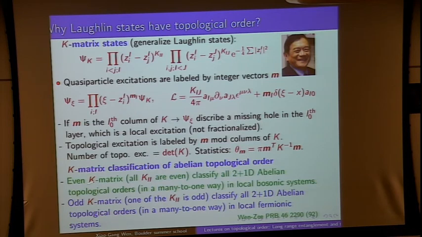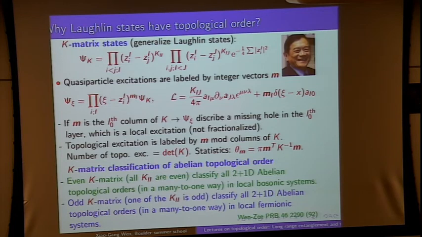If all the diagonal elements of a K matrix are even, then this wave function is symmetric. So this K matrix classifies the bosonic abelian topological order. If one of the diagonal elements is odd, then this wave function contains fermions, and that kind of K matrix classifies a fermionic abelian topological order.